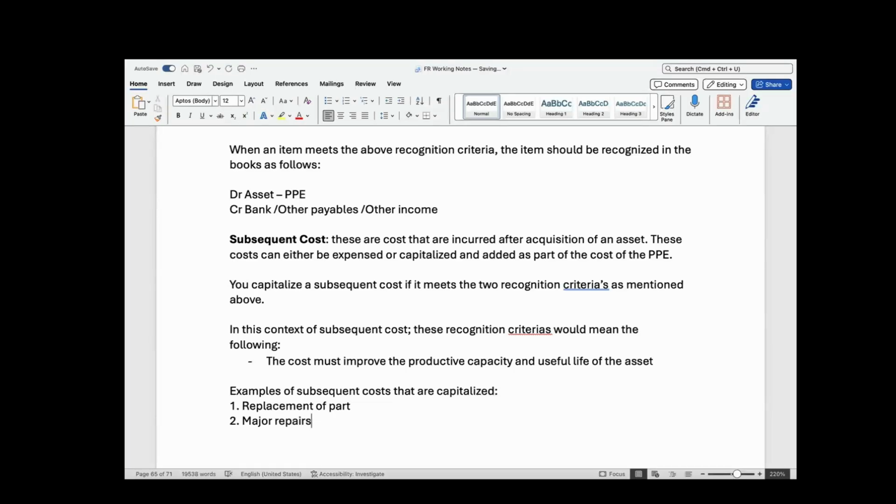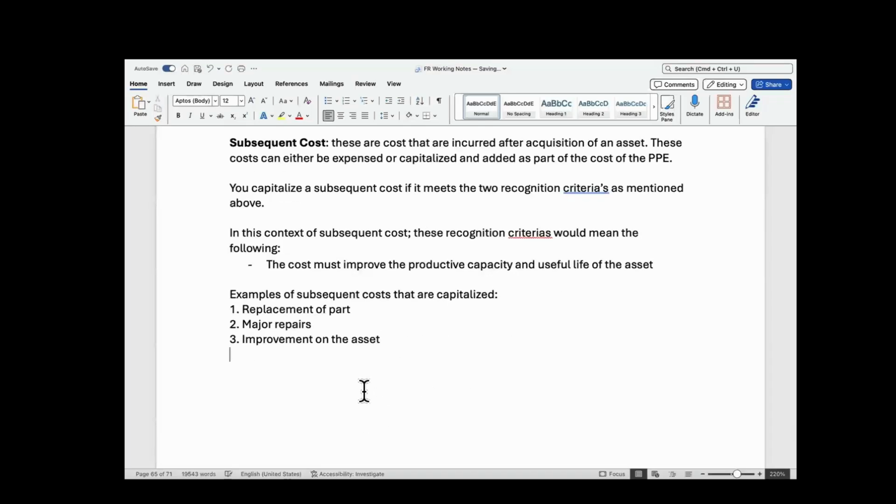A lot of costs can fall into this. Or probably you want to do an improvement on the asset, whether you want to do a general painting of the asset.